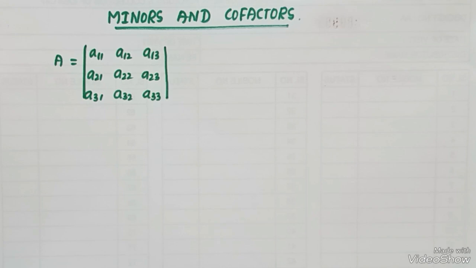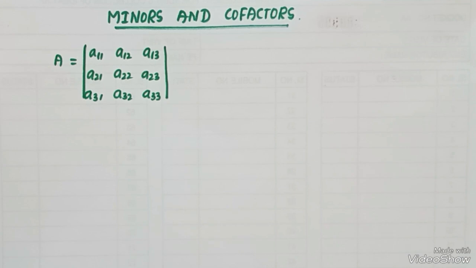These are the elements of the determinant, which are present in the form aij. i means the ith row, j means the jth column. Here a11 means first row, first column. The element represents first row, first column.